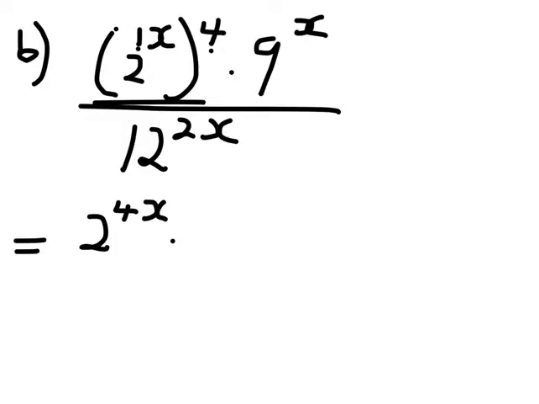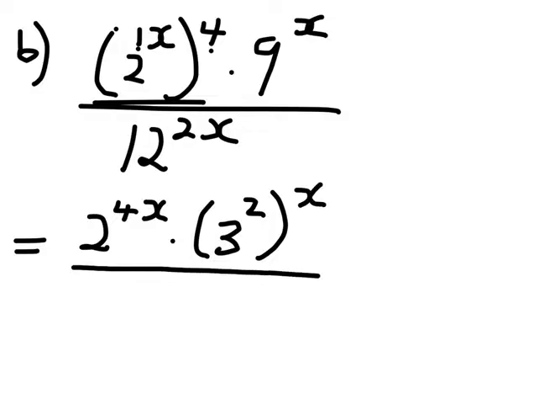When it comes to 9, it should be 3 squared. So can you see, I'm doing that inside the brackets because I'm only changing the 9. That's why you need to rewrite it inside the brackets. Then you will easily work it out.